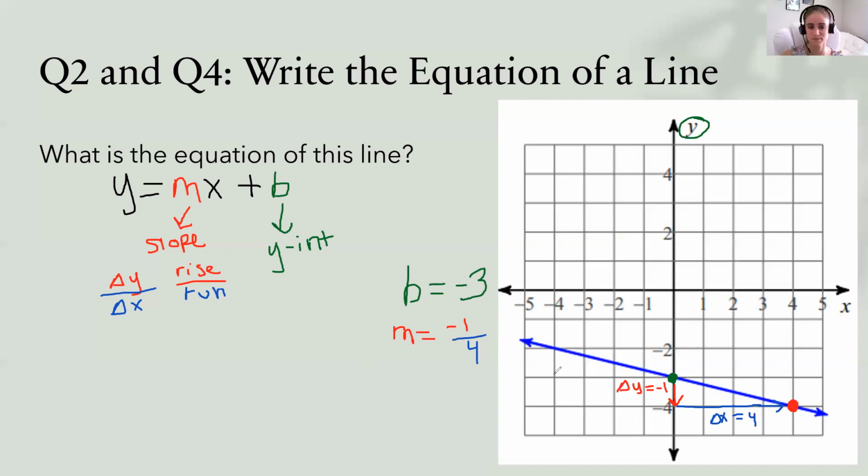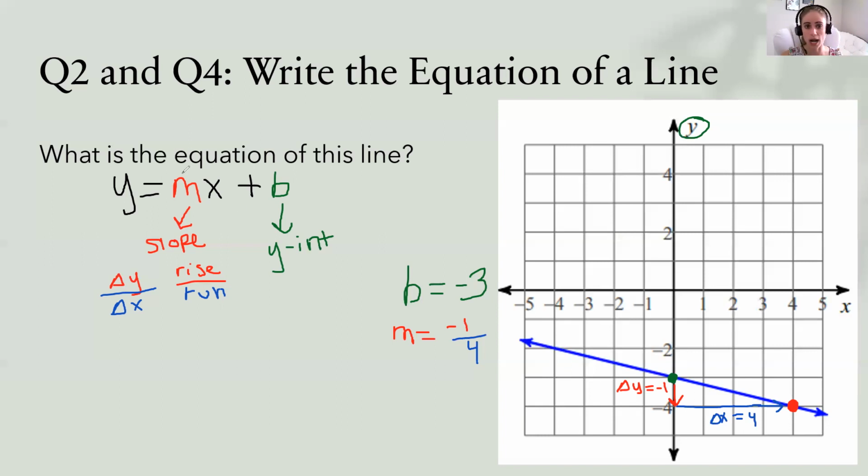over 4. Great, that is all I need, because when we write the equation of the line, the x and the y represent all of those points along the line. So we're going to keep it generic. We're going to keep the y and the x as variables. Now substitute these into my equation and we have our answer.